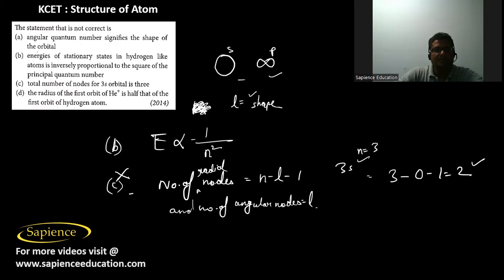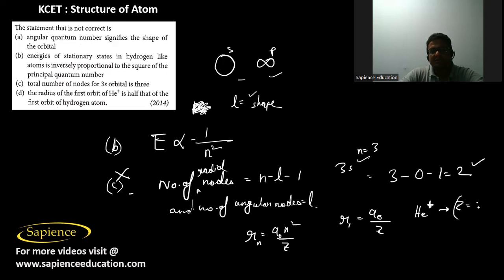So the C option is the wrong statement. And in D, it is told the radius of the first orbit of He plus is half of that of the first orbit of hydrogen. As we know, the radius is a naught n square by z. So the radius of the first orbit, r1, is equal to a naught by z. For He plus, it is a single electron species, and z, the atomic number for helium, is 2.